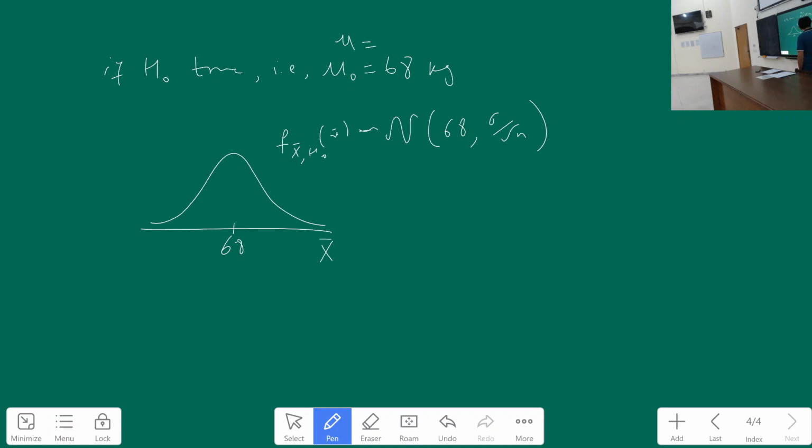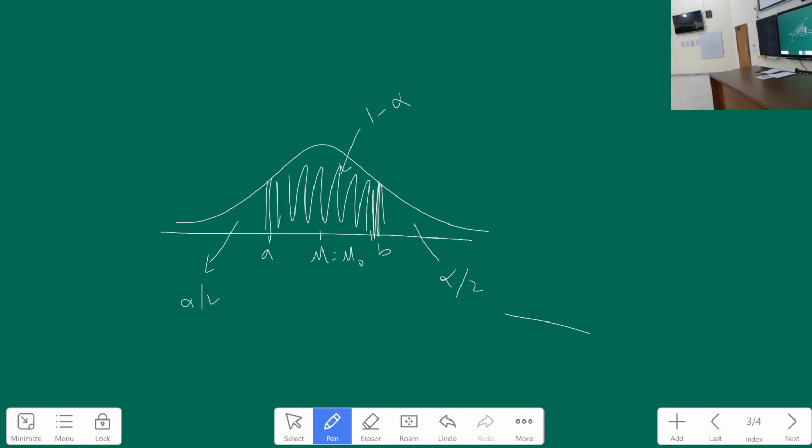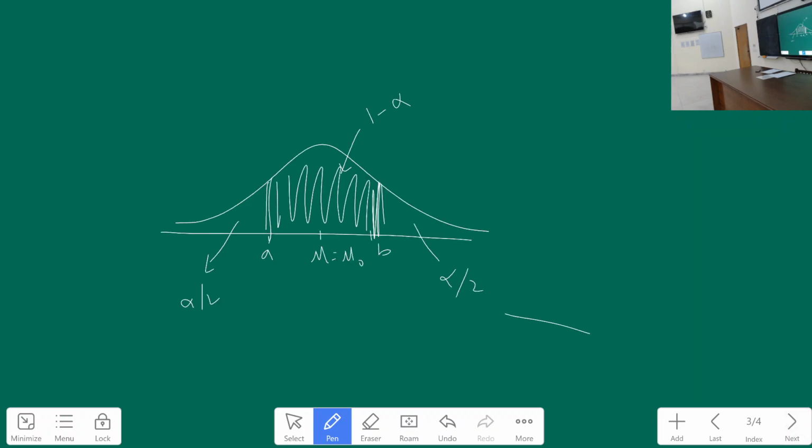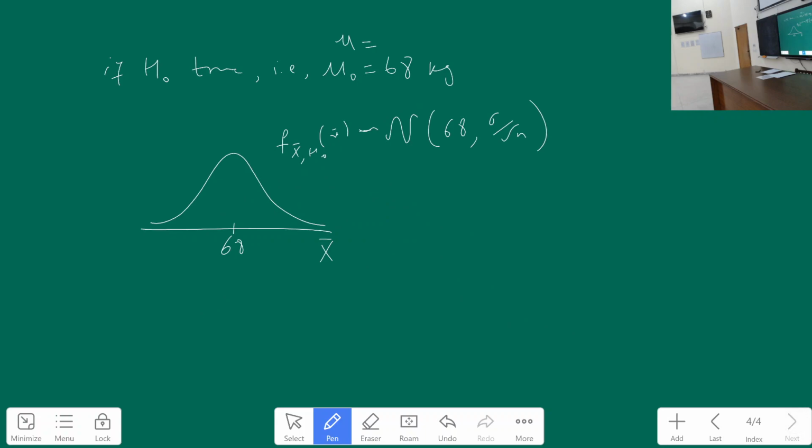Now, what we wrote here: x bar less than 67 when H naught is true, plus x bar greater than 69 when H naught is true. What does that represent? We have 67 and 69 here, and you set this to 1 minus alpha.